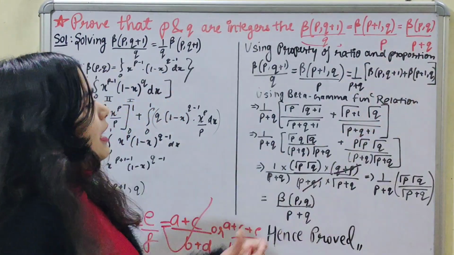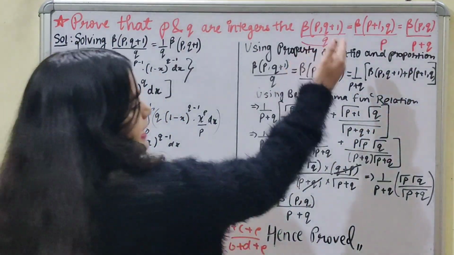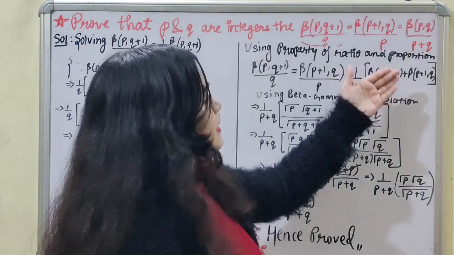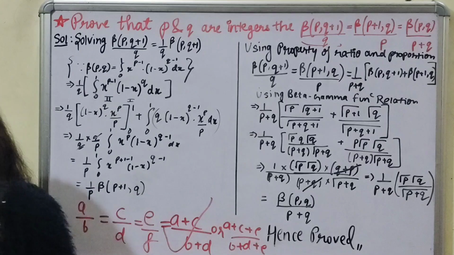After using this property, what we are getting is 1 upon P plus Q into beta of P comma Q plus 1 plus beta of P plus 1 comma Q.